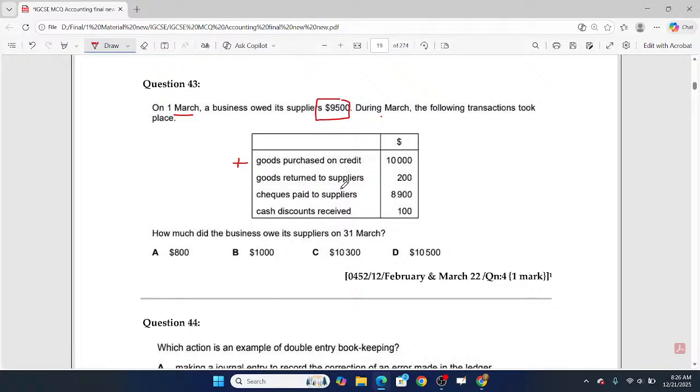Goods returned to supplier is a minus. Check paid to supplier is a minus. Cash discount received is also a minus. These three will be deducted after adding this one. So the final value is 10,300. C is the correct answer.